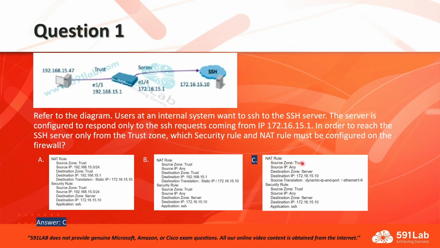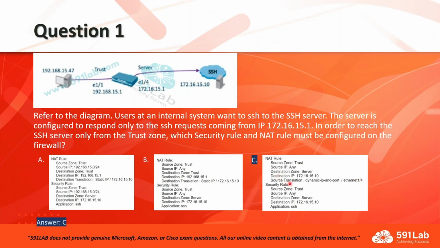Using the NAT rules as follows: source zone is trust, source IP is any client, destination zone will be server, destination IP will be the targeted server, and the source translation will be dynamic IP and port using Ethernet 1.4.